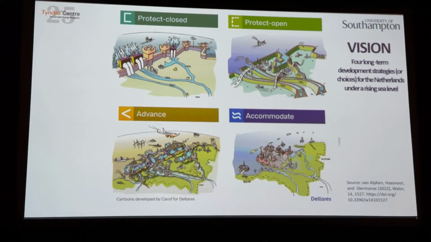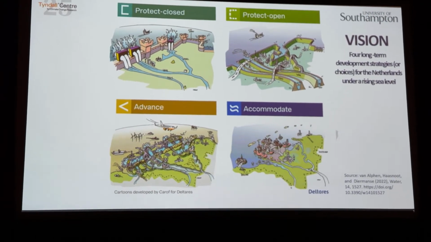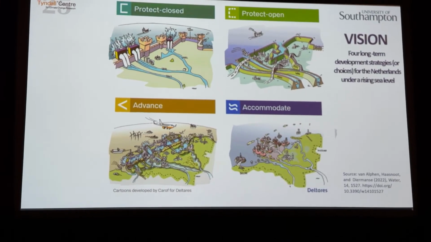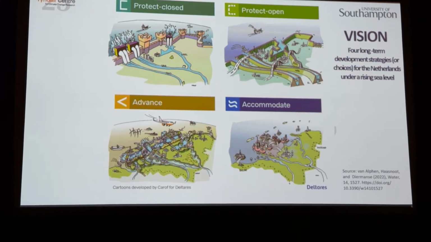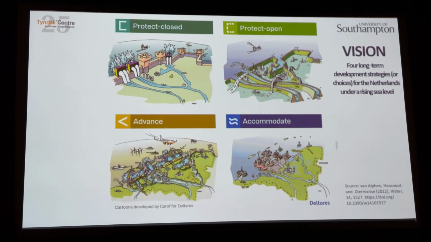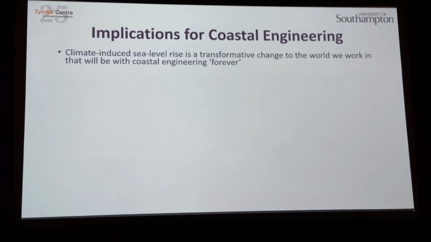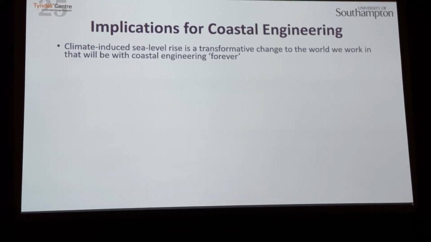And maybe it's conveyed better in these cartoons that just capture the idea and help you to engage with the public about what these choices actually involve. So I think vision is really an important part of the problem. So I think, implications for coastal engineering.